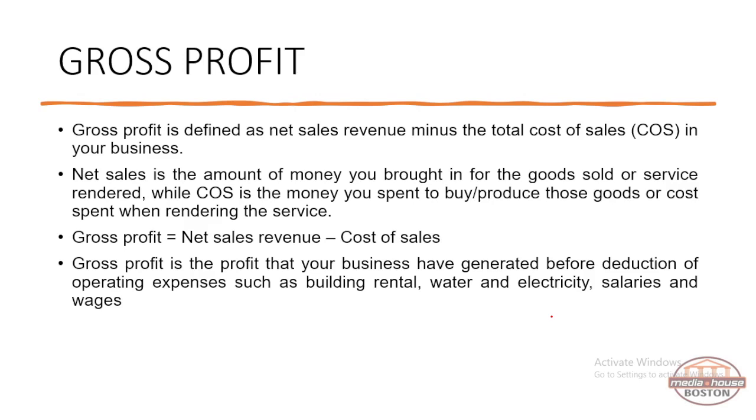Here it says gross profit is the profit your business has generated before deduction of operating expenses, such as your normal expenses like building rental, water and electricity, salaries and wages, telephone bills and insurance fees. So this is what gross profit entails.